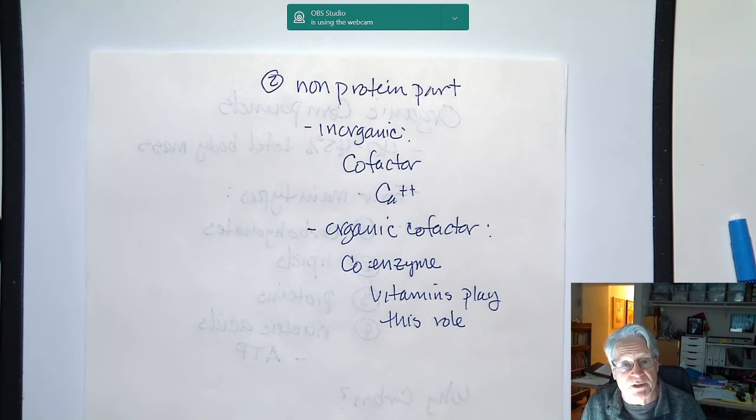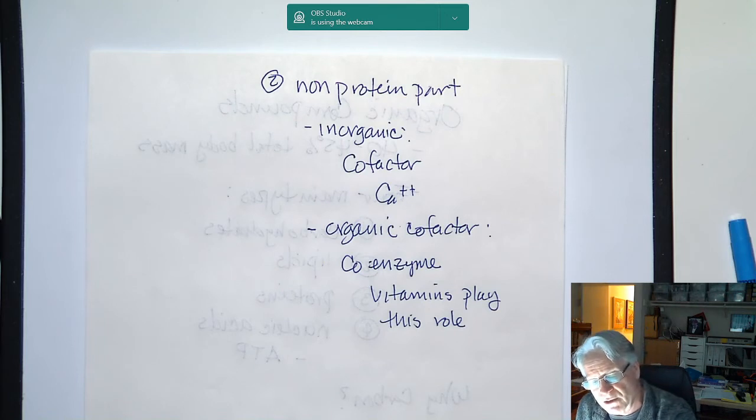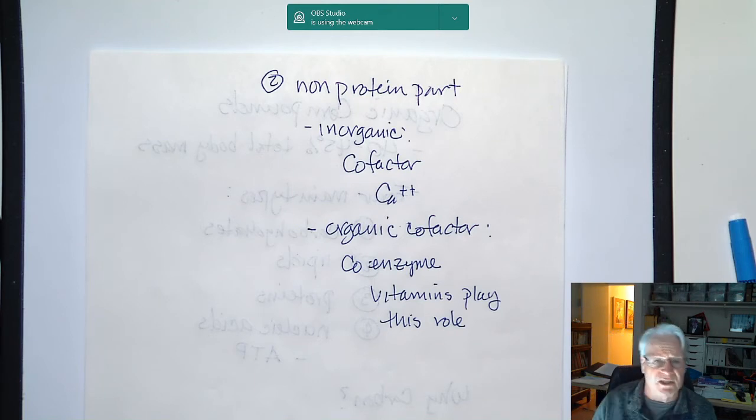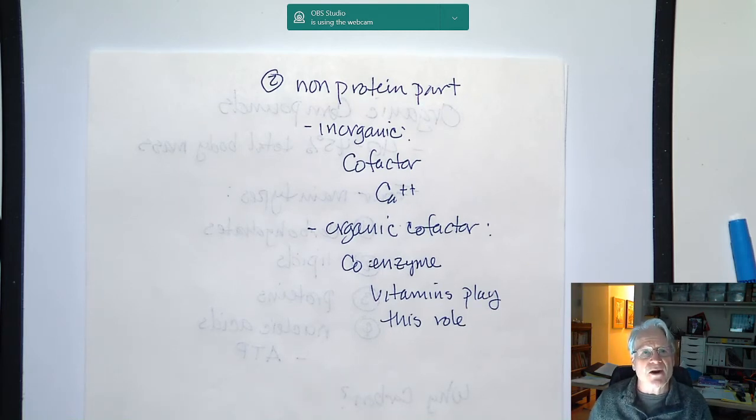In your textbook, I'm not sure what chapter it is, it might be in the chapter on nutrition, or at the very back of the book, they have a chart listing all the vitamins that you need in your diet, with the functions and the source and all that. If you look at the functions, you'll see vitamin after vitamin is listed as a coenzyme. So very important.